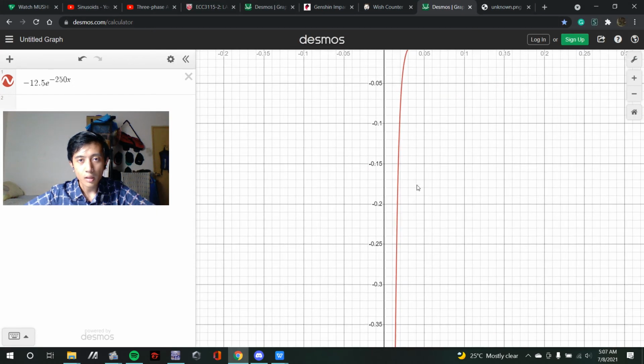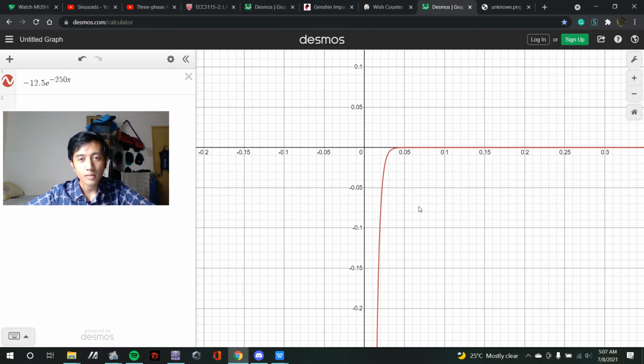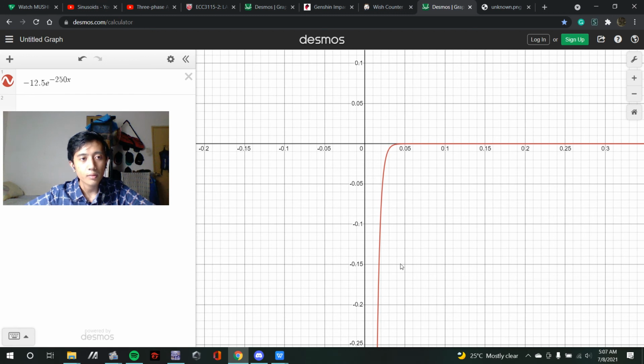So this is the RL circuit's natural response. This is how the inductor will respond when it wants to reach its steady state after the switch is opened. So this is the graph.